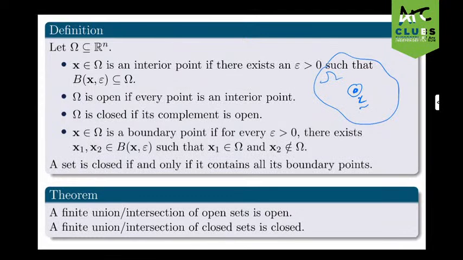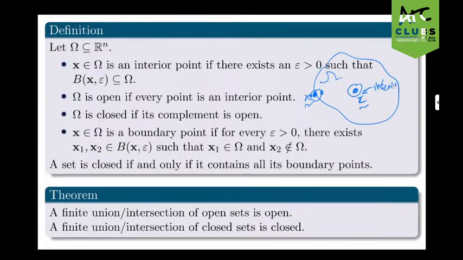If, for example, x is over here, then that's a boundary point, because no matter how small I make the ball around x, it's impossible to make the entire ball contained inside omega. There's always going to be part of it inside omega and part of it outside. So the other would be an interior point.